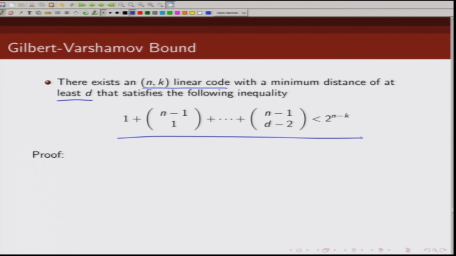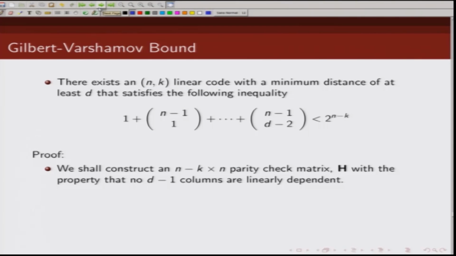It says 1 plus (n-1)C1 plus (n-1)C2 plus up to (n-1)C(d-2) should be less than 2^(n-k).